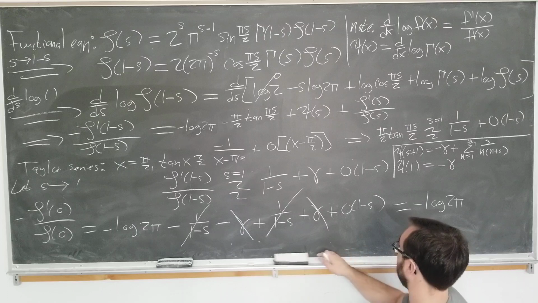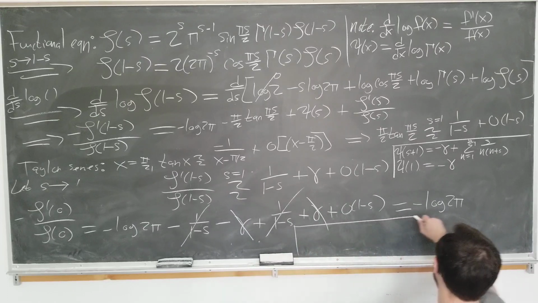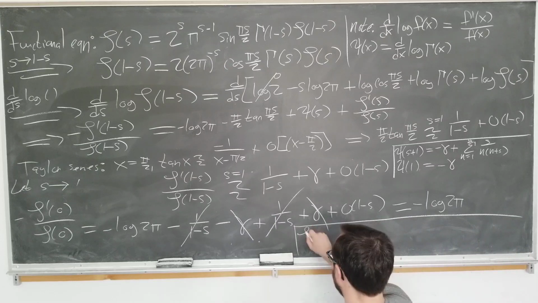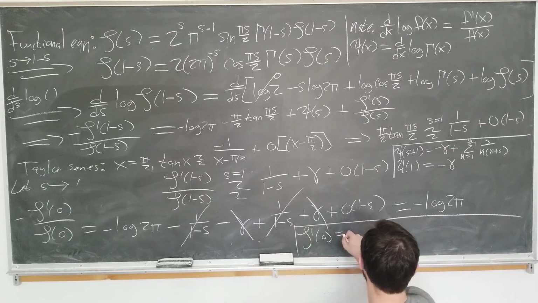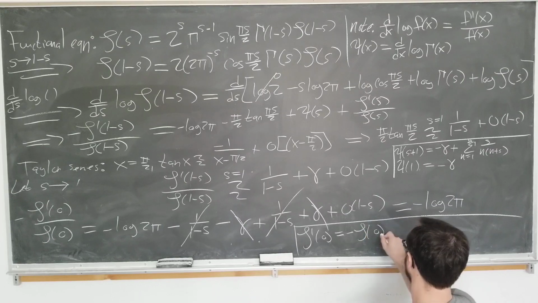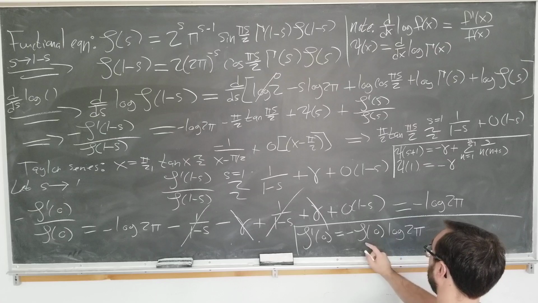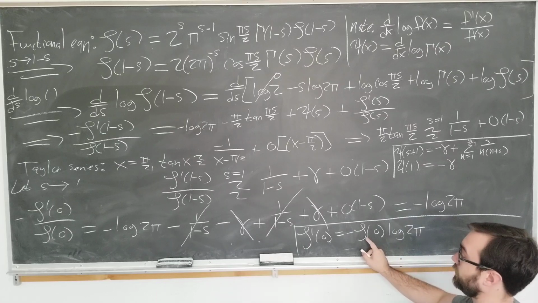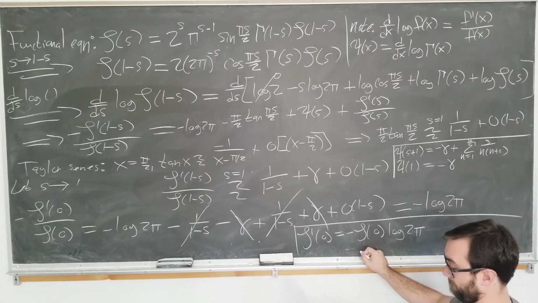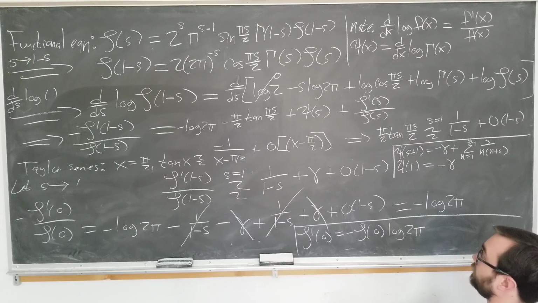And now, in whatever space I have left, we have zeta prime of 0 is equal to minus zeta of 0 log of 2 pi. And we learned that this was minus a half earlier.